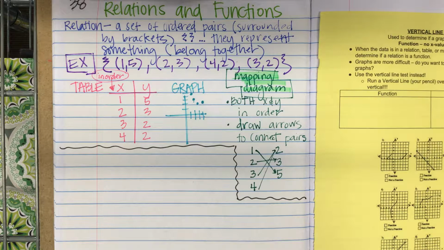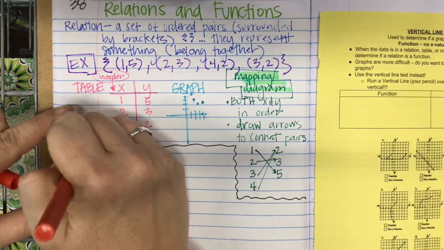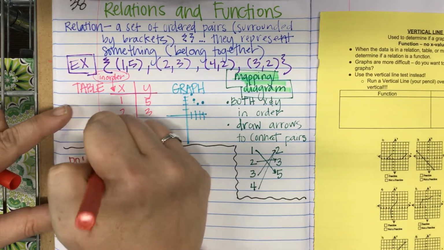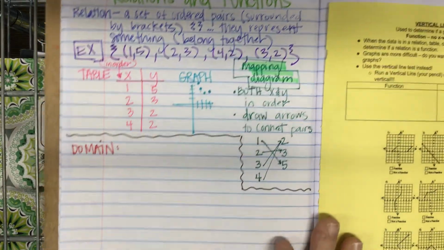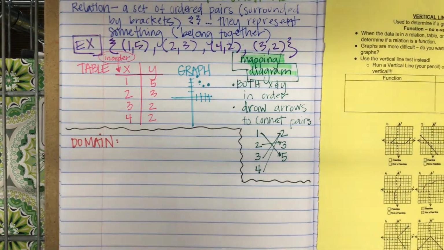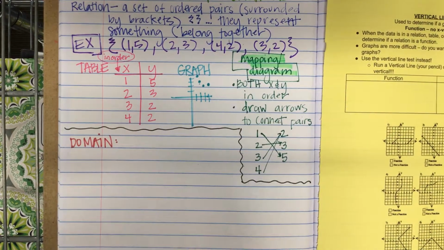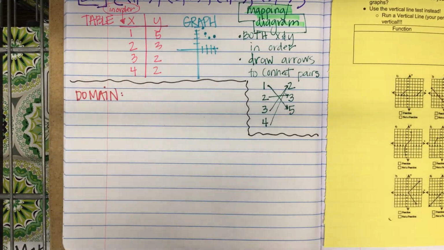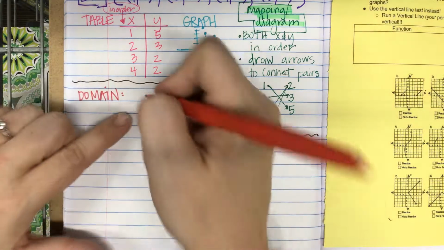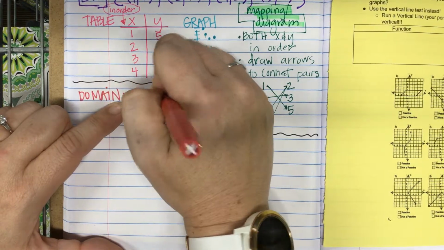Then we've got some more vocabulary. This vocabulary word is called a domain. Inside a relation, inside a group of ordered pairs that have a relationship to each other, there's a domain. And domain is the fancy word for the X values.